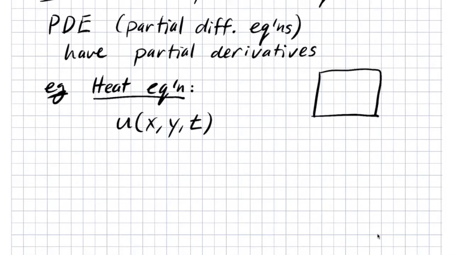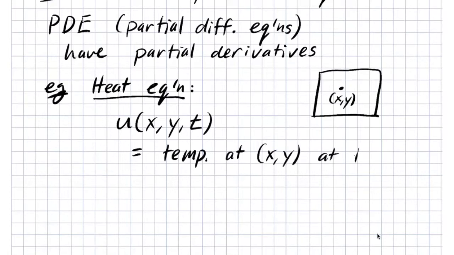Some parts are hot, some parts are cold, and we have a temperature for each point in this object, which we represent as the x, y point in this object. And then of course the temperature is changing over time. So as we go along, the temperature is going to be changing. So this u of x, y, t is going to be the temperature at the point x, y at time t.